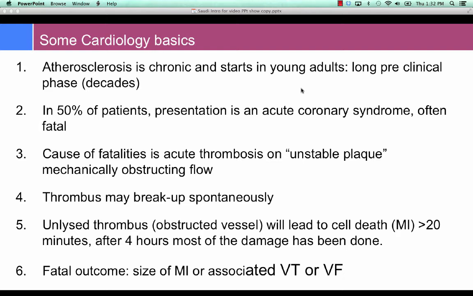Many plaques probably form and briefly occlude flow, perhaps completely, and then lyse spontaneously, and those plaques go on to heal and leave a scar, perhaps with some degree of stability of the vessel wall disturbed in the formation of calcium. Anyway, an unlysed thrombus is a cardiac emergency.